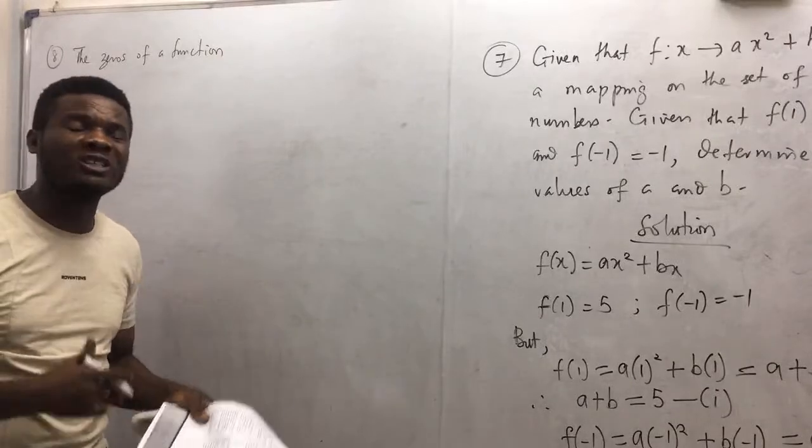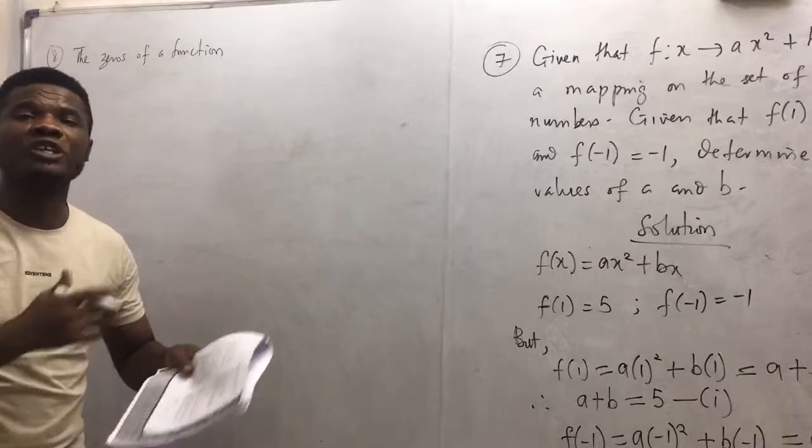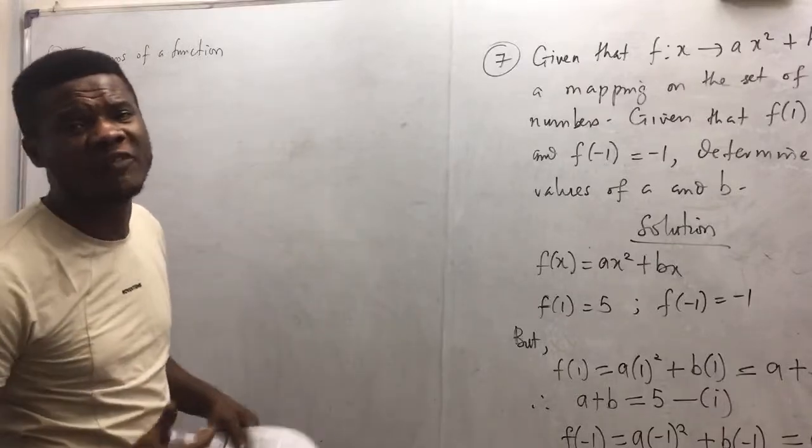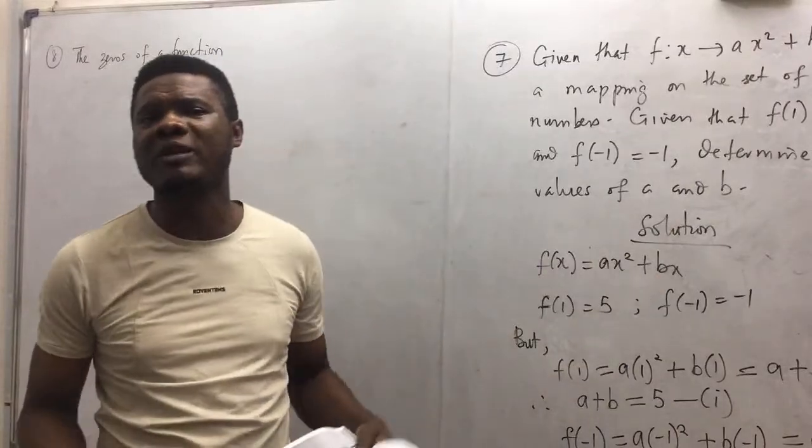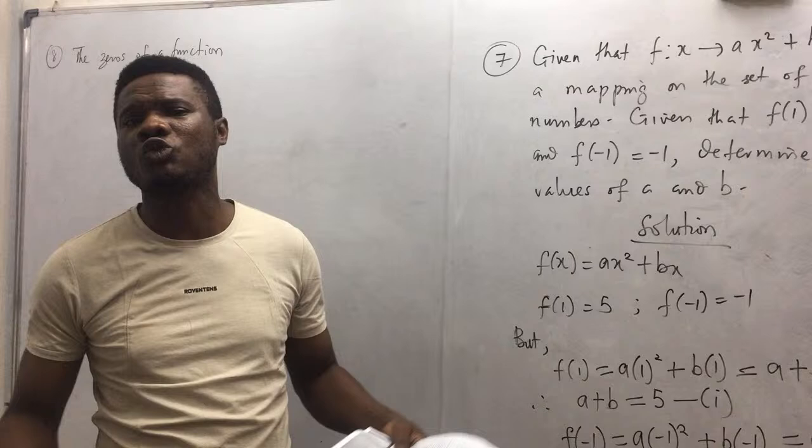Just in case you don't understand what the zeros of a function are, probably in first semester you must have done algebra and trigonometry, otherwise maybe in your school called general mathematics 1. You must have treated polynomials.